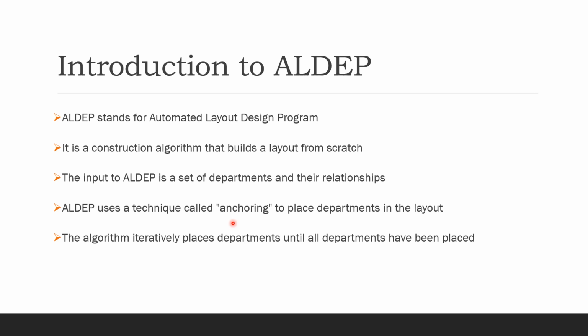That's why it is called anchoring, like how anchoring is used in ships to stop the ship. In the same way here, when a department has been anchored, it cannot be moved. ALDEP iteratively places departments until all departments have been placed.